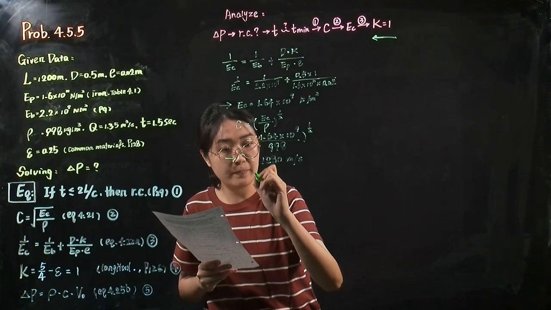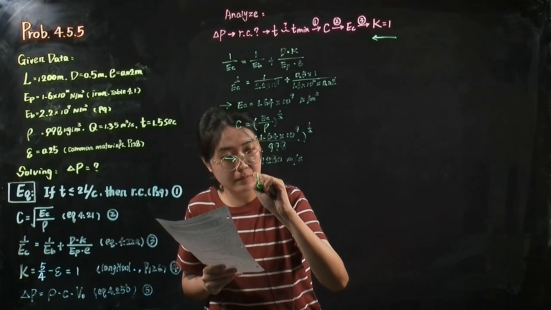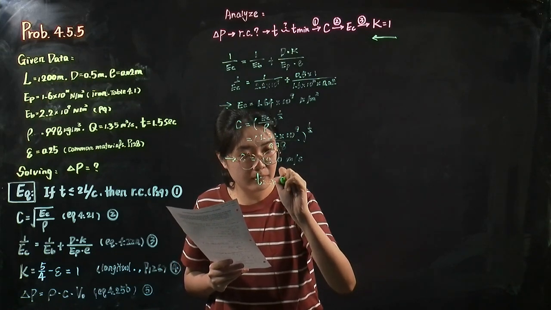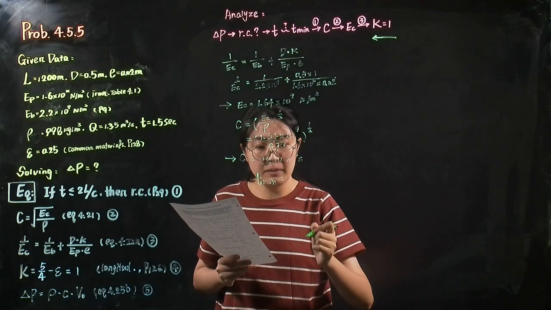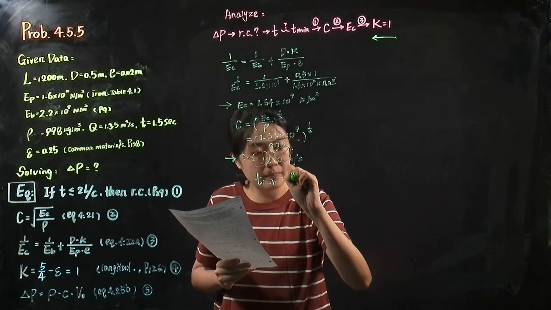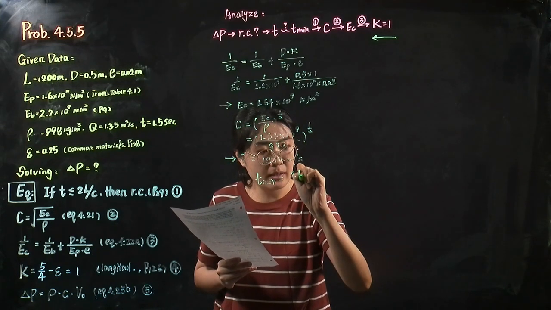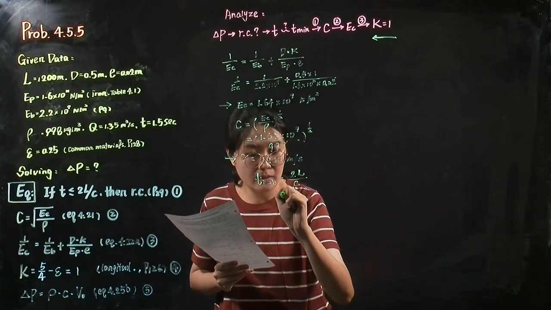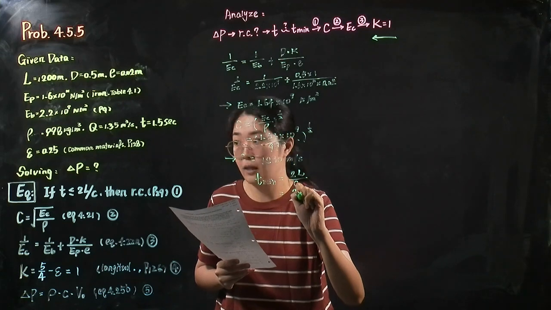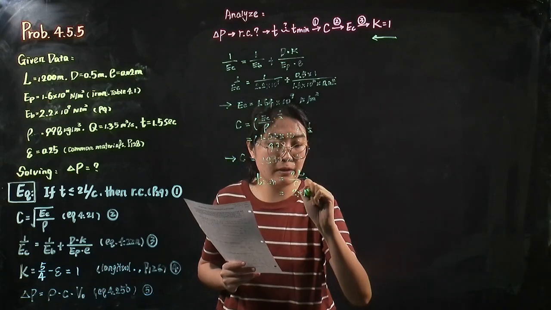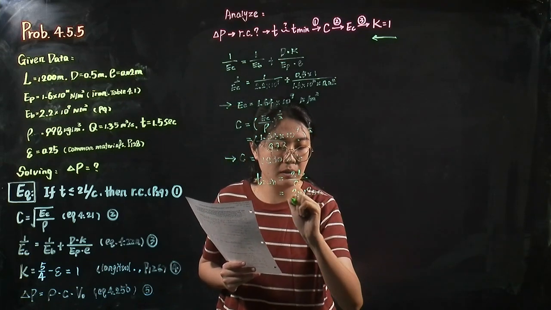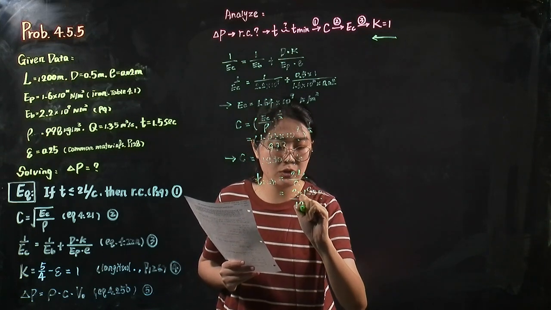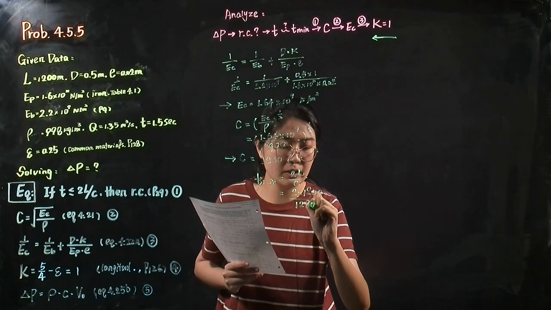So the minimum time equals 2 times L over C. It equals 2 times L, which is 1,200 meters, over the celerity, which is 1,280 meters per second.